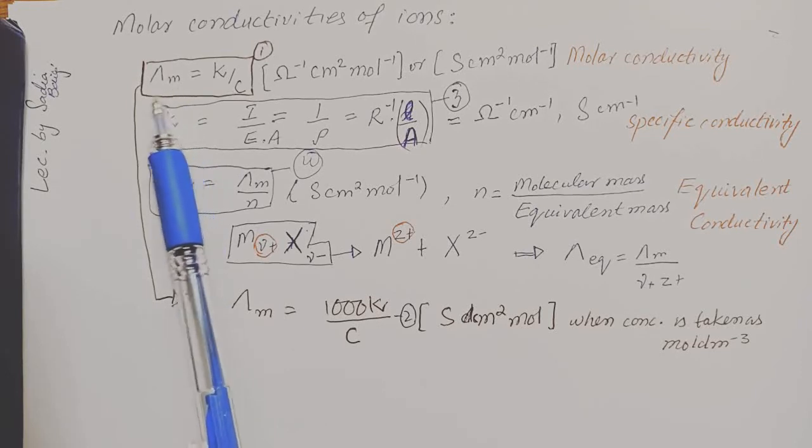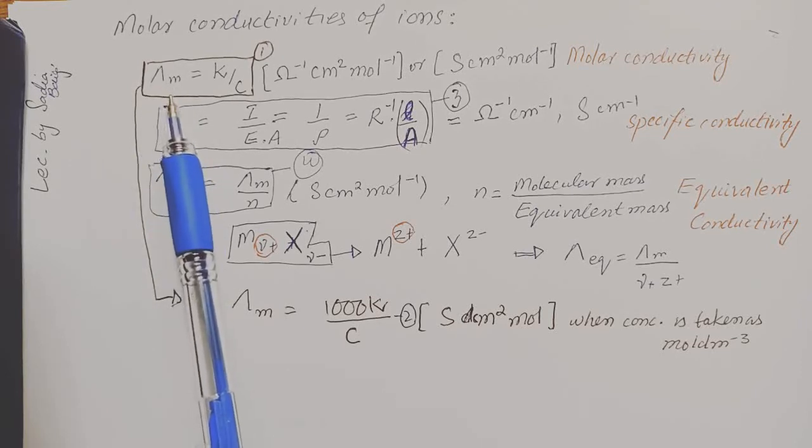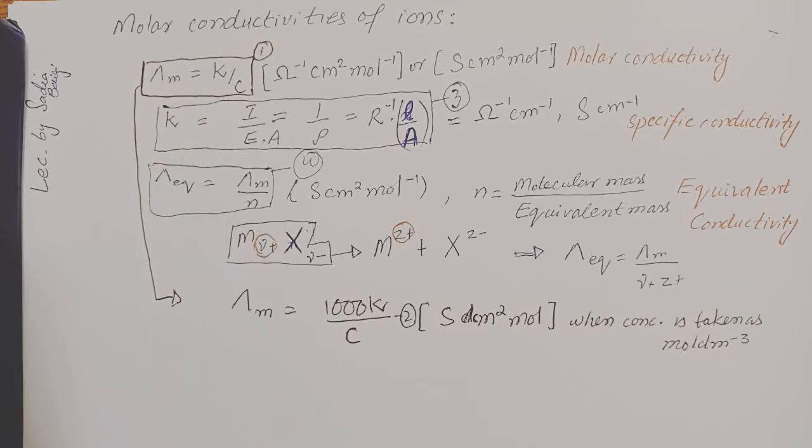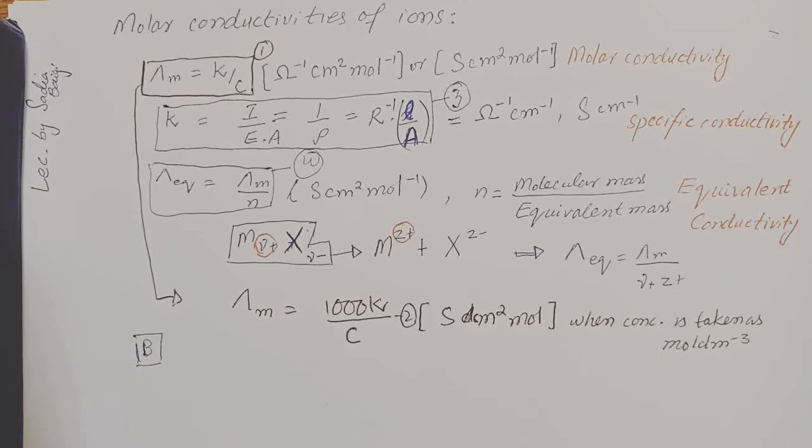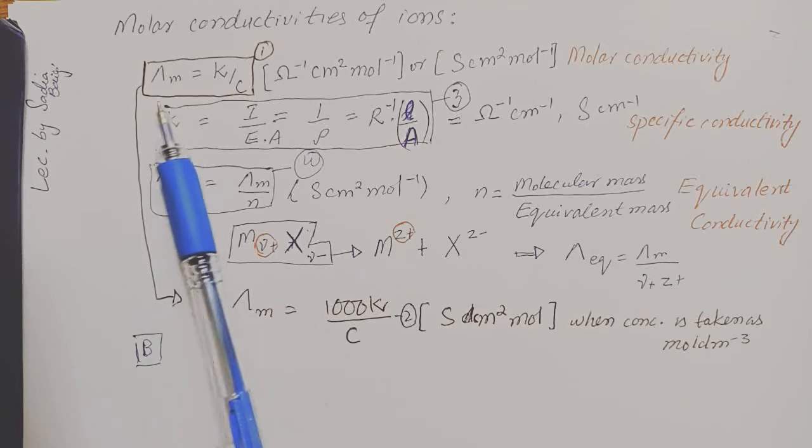So molar conductivity is the total conductivity of all the ionic species present within the electrolyte solution. Let's consider only one electrolyte species, that is species B. This kind of ion will contribute separately to the overall conductivity of the solution.